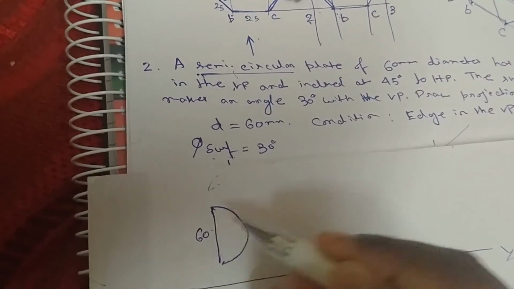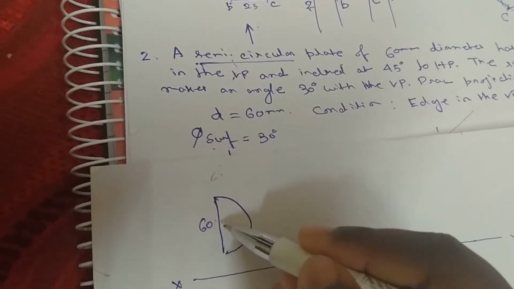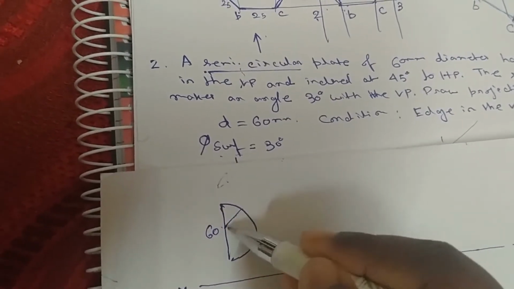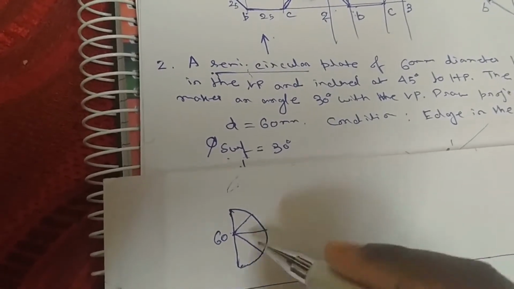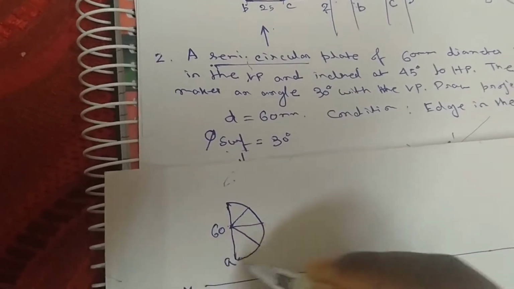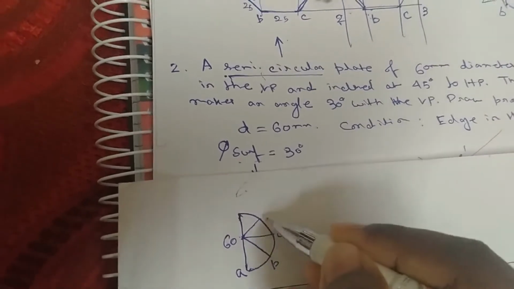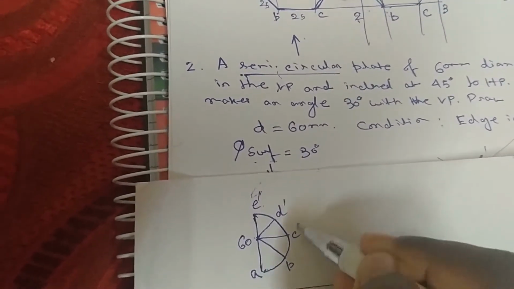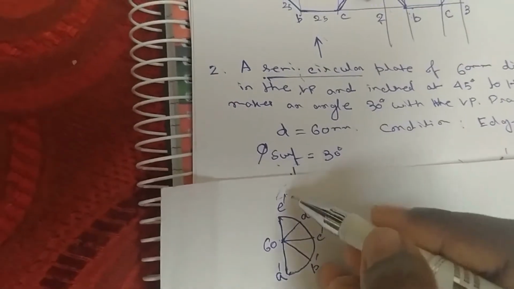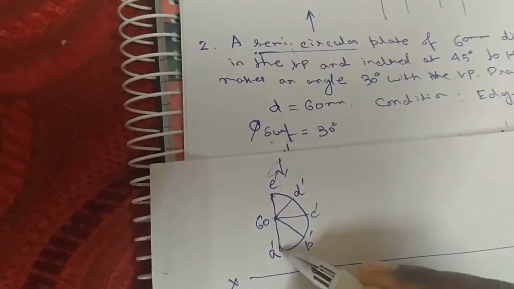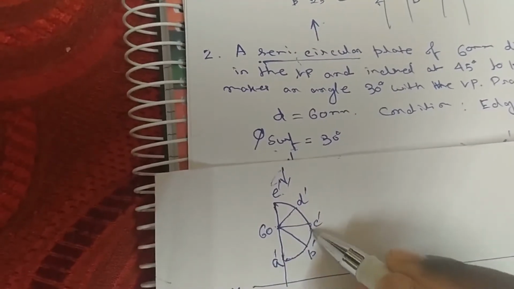So this is our semicircular plate. We are going to divide it like that. A, B, C, D and E point. Sorry, all will be dash. After that, if we are going to see from top, we are going to get a straight line.